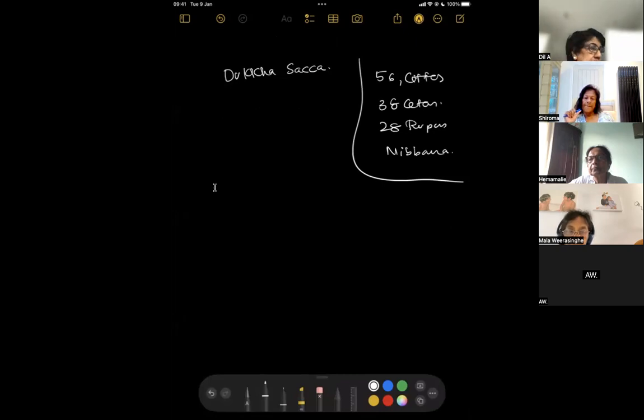Right? But we have 56 chittas and there are 36 Chetasikas to now categorize. Right? So in this category, what do we minus? In the Dukkha Satcha, remember we have Phala, right? So 56 chittas. If you remember, we have 4 Phalas in this.